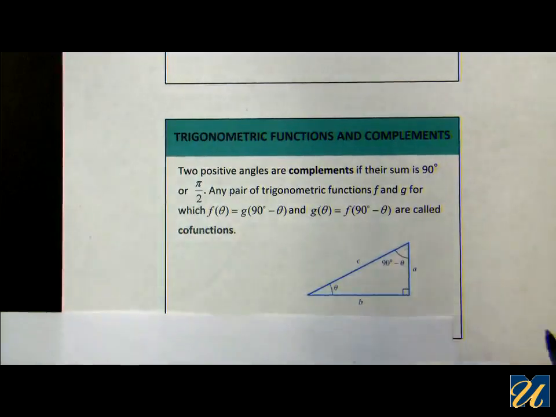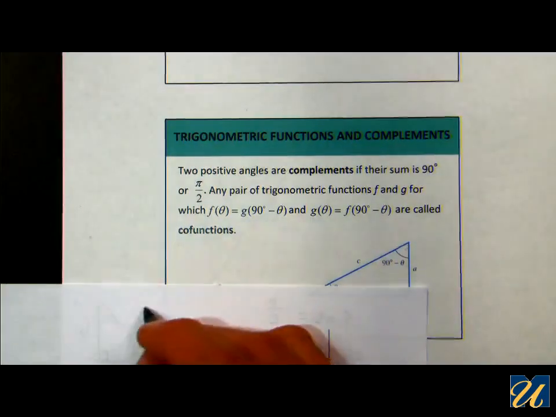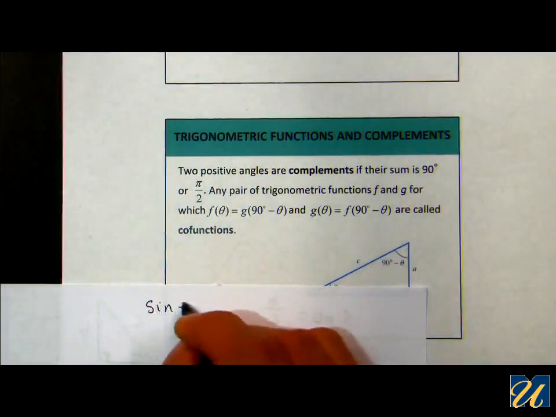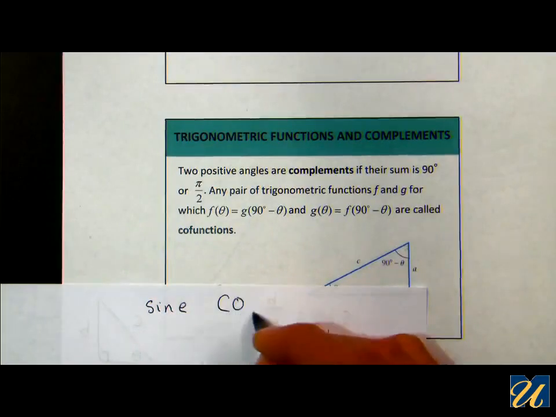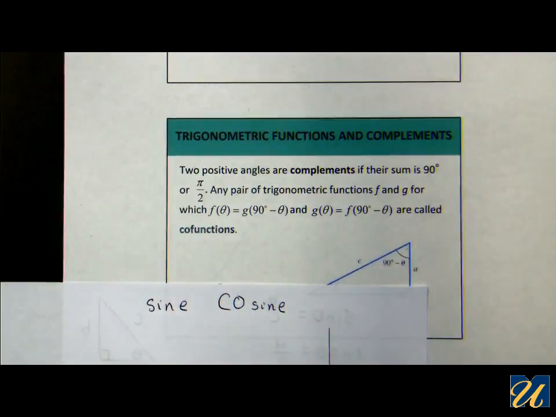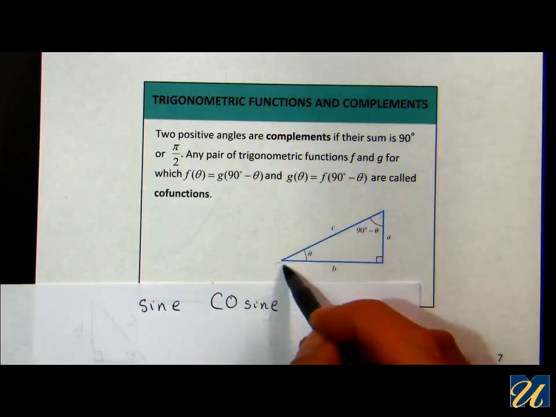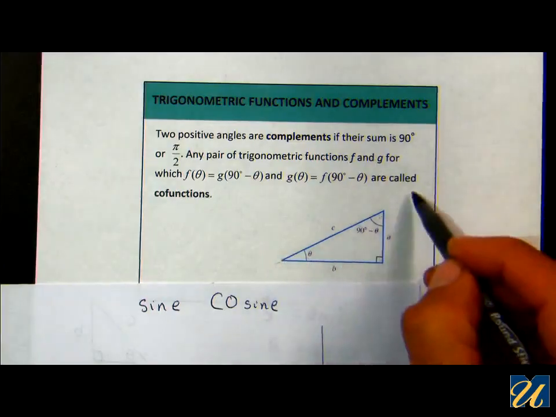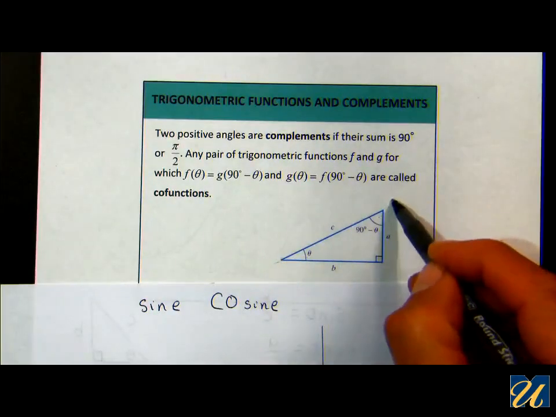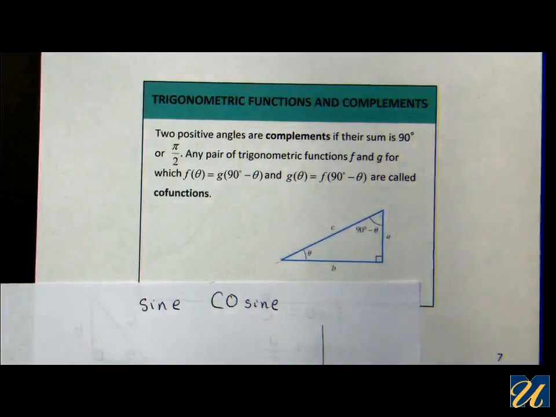So in other words, the sine and the cosine are co-functions. If you were to take the sine of this angle and its co-function cosine from this angle, you will end up with the same result.